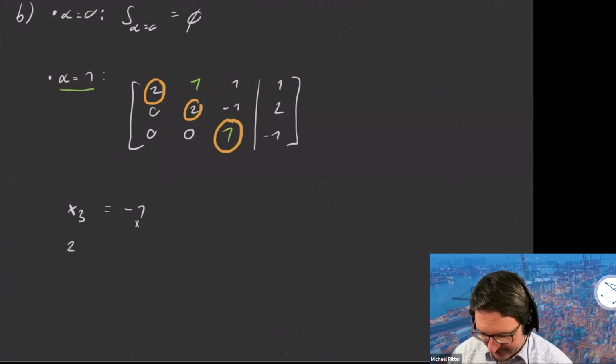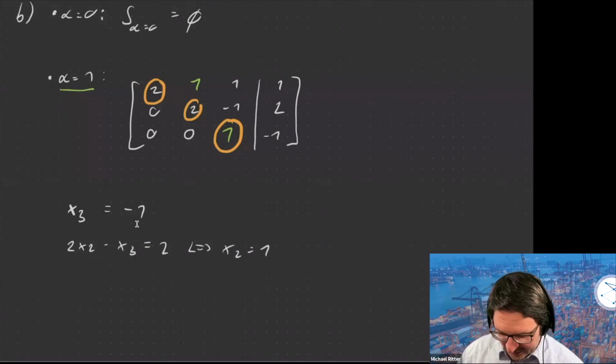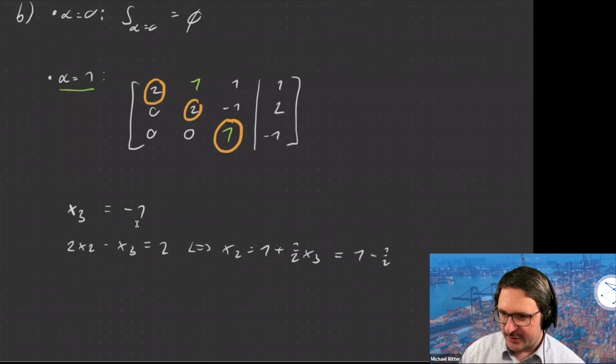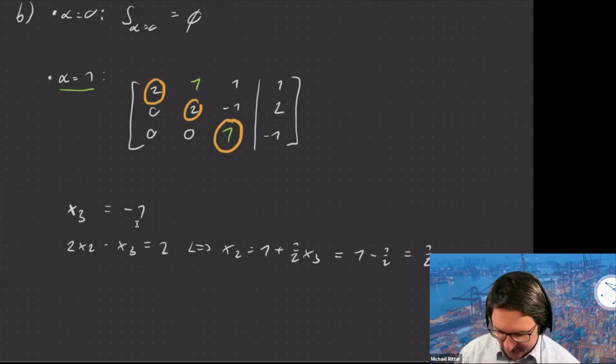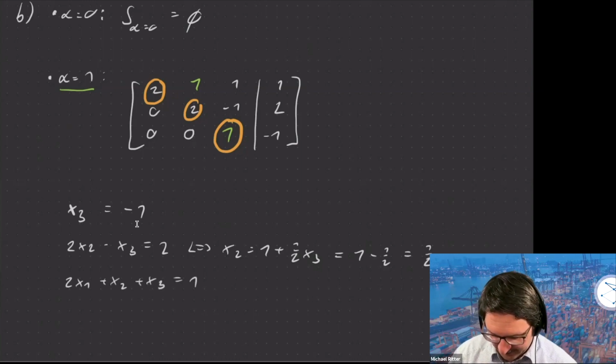Then we have 2x2 minus x3 is 2. So that means x2 is going to be 1 plus 1 over 2 x3. And x3 is minus 1, so that's 1 minus 1 over 2. So that's 1 over 2. And finally, 2x1 plus x2 plus x3 is 1.